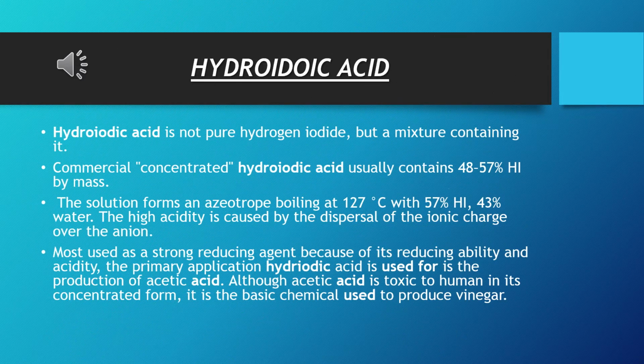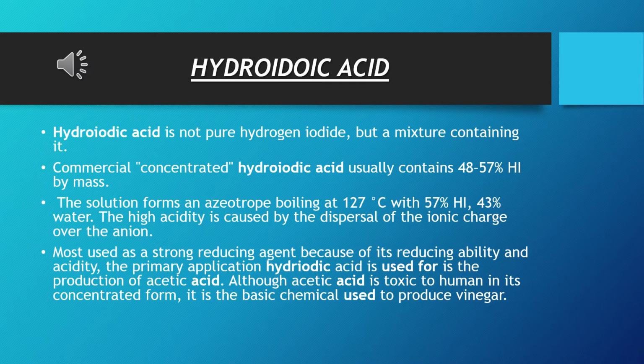Now let's talk about hydroiodic acid. Hydroiodic acid is not pure hydrogen iodide, but a mixture containing it. Commercial concentrated hydroiodic acid usually contains 48 to 57% HI by mass.